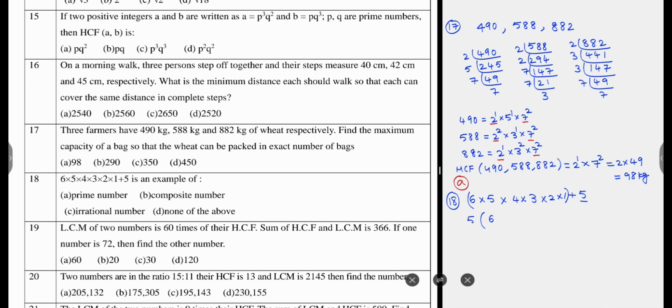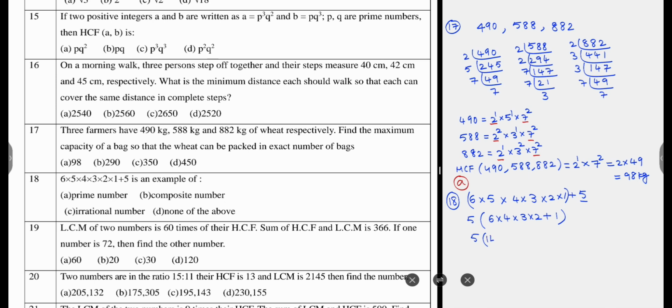We can write it as 5 into (6 into 4 into 3 into 2 into 1 plus 1). So 6 fours are 24, into 3 is 72, into 2 is 144, plus 1 is 145.